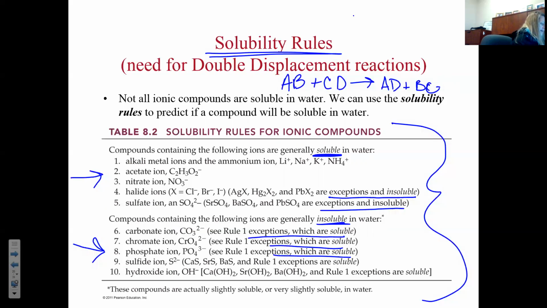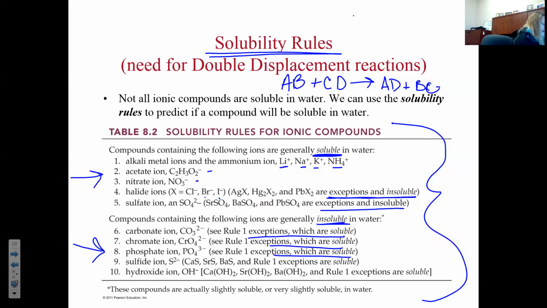Okay, so in this case, soluble in water would be things like lithium, sodium, potassium, ammonia, the acetate ion. Any of these nitrate ions are going to be considered soluble. Your halides, which would be your chloride, your bromide, and your iodide, are all going to be considered soluble.